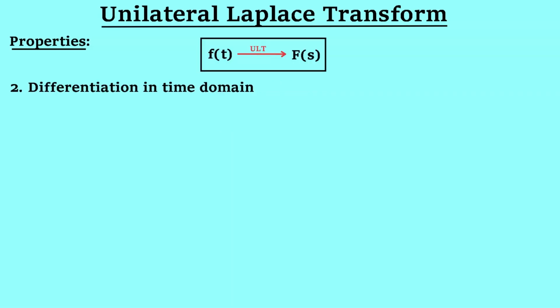Suppose that we have function f(t) which has unilateral Laplace transform F(s), then the unilateral Laplace transform of the differentiation of function f(t) will be equal to sF(s) minus the value of function f(t) at t just before 0.